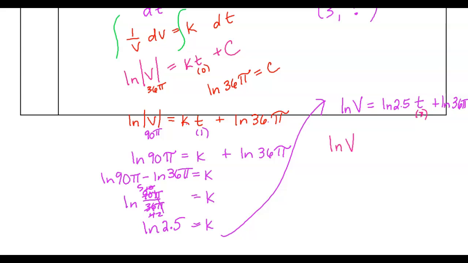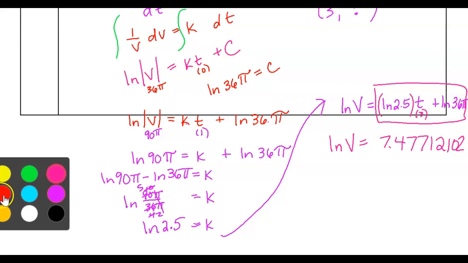It's really a choice. I get this times 3. So remember, we're going to type all of this straight in. It's not 3 times 2.5. So natural log of 2.5 times 3 plus natural log of 36 pi gives me 7.477121002.